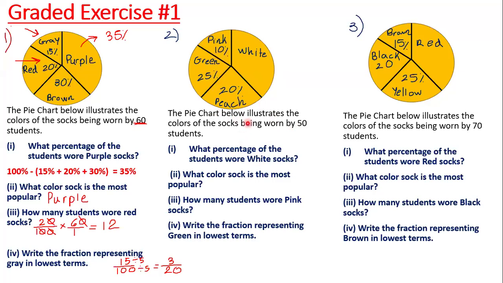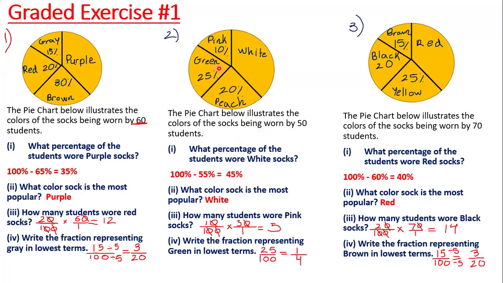So 25 plus 20 plus 10 is equal to... It's right there. Oh, I did not see that. It equals 55, and if you take that away from 100, it's 45.